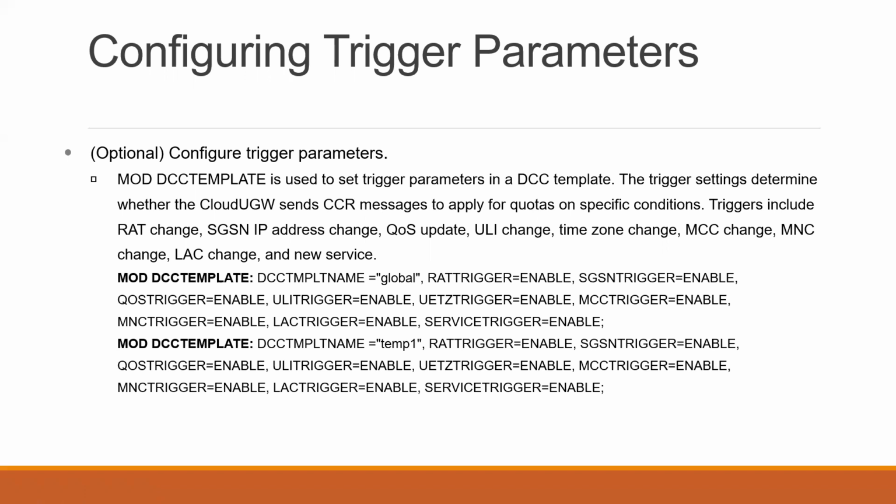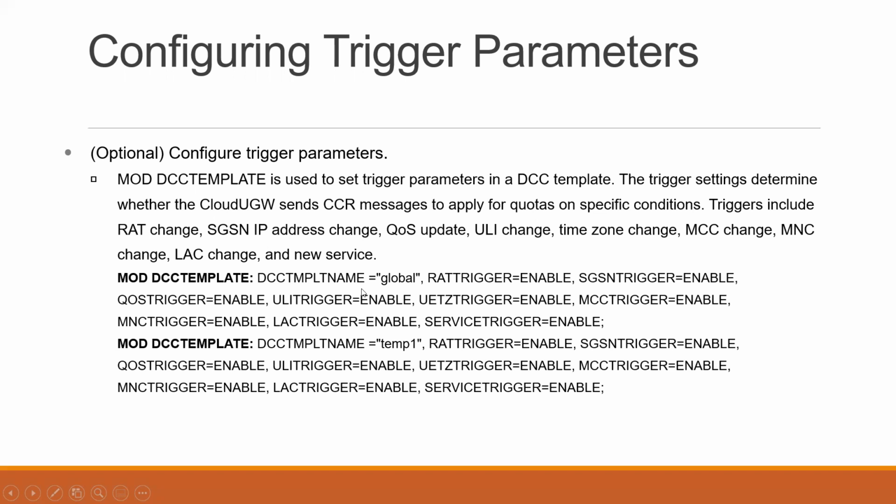But there are other trigger conditions as well, based on which a new CCR is going to be initiated towards the OCS. These include RAT change, SGSN IP change, quality of service change, user location change, time zone change, MNC change, and so on.